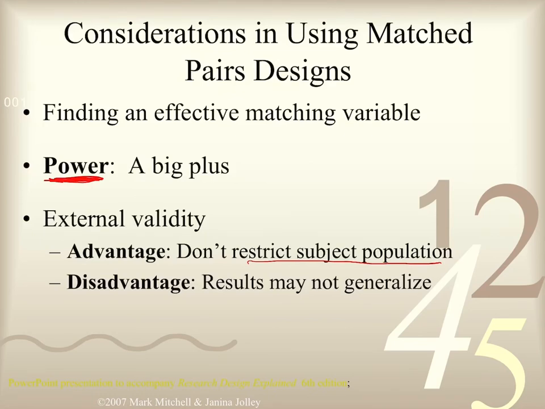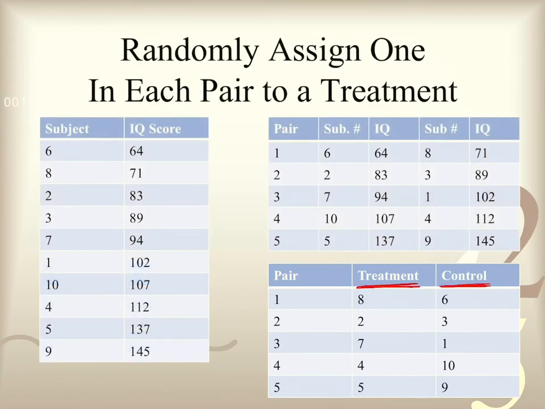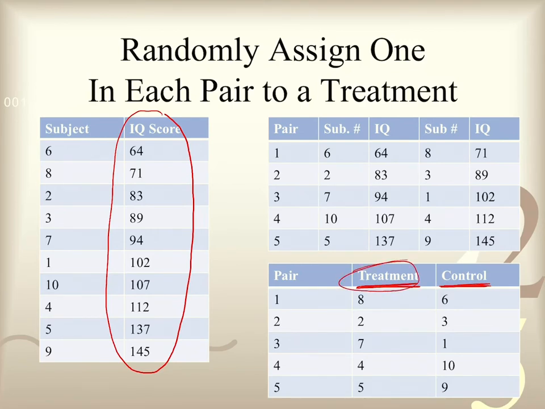One of the things that we've done in our study in order to match our participants is we've had to measure their IQ scores before we expose them to our treatment. So all of our participants have first taken an IQ test and then have done the treatment. What we know is, if we find significant results, we know that our treatment works for these people.